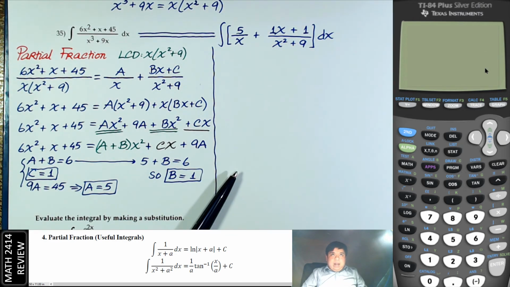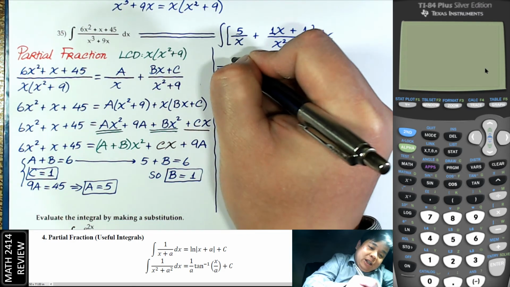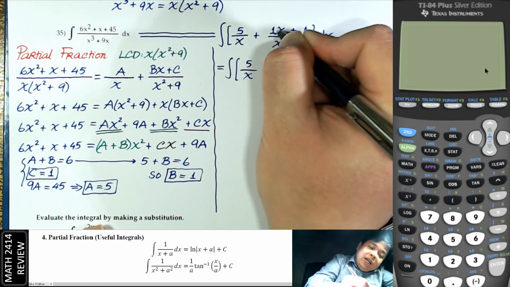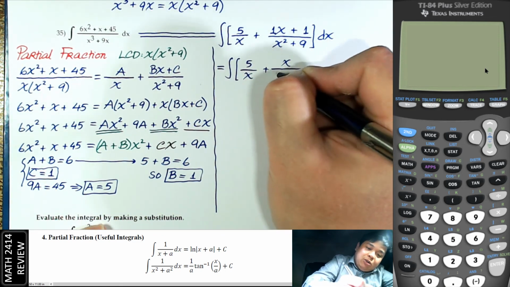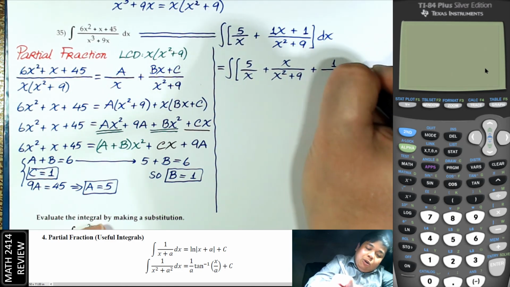Right, so that's what we have. Of course, we can split this integral in two, but further, actually, I will split in 3. You'll see why in a minute. Here, I'm just going to write x over x squared plus 9, and then 1 over x squared plus 9.